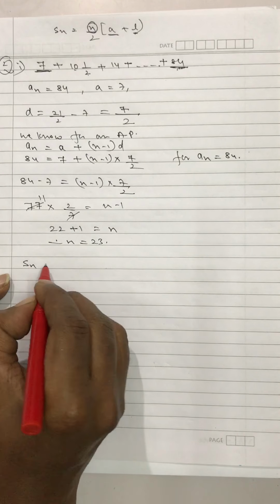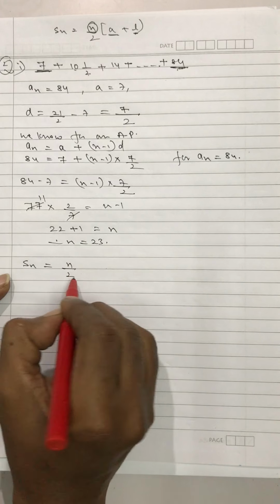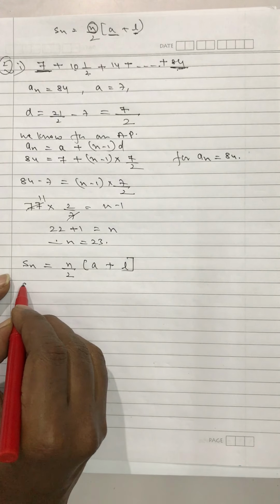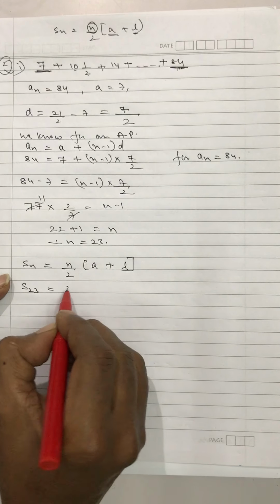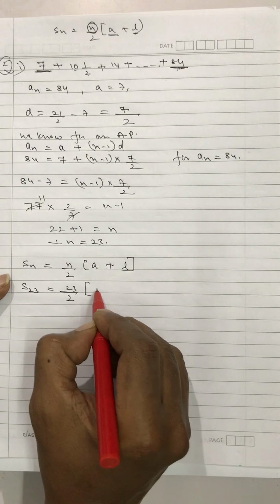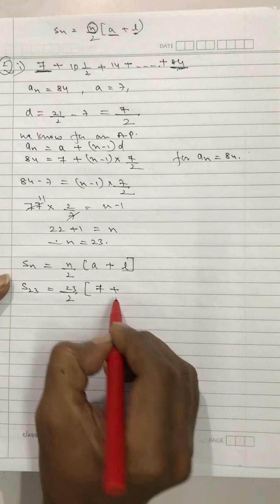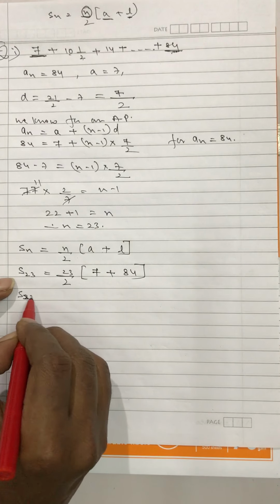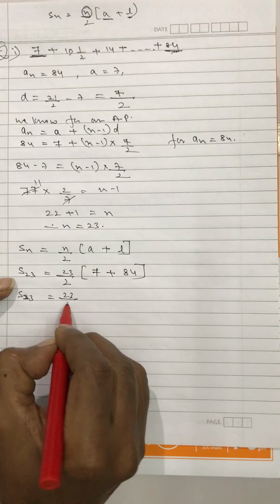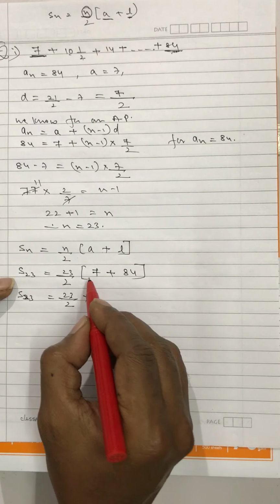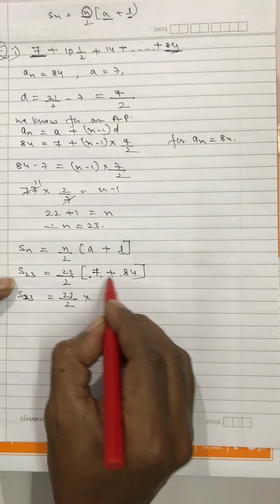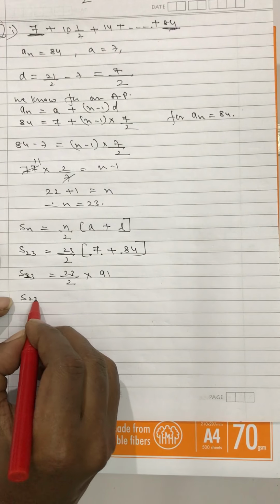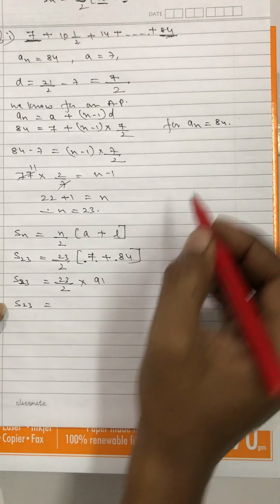Now you can use Sn is equal to n upon 2. S 23 will be equal to, a is 7 and the last term is 84, which gives 91. So now again what do we get?